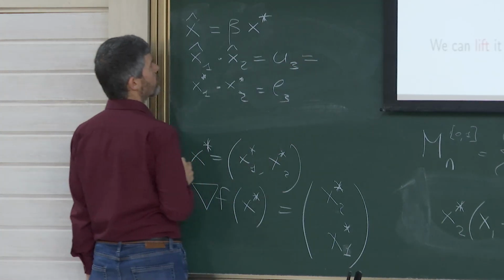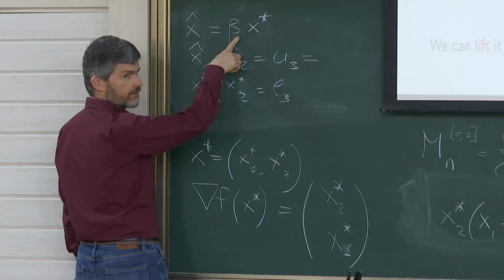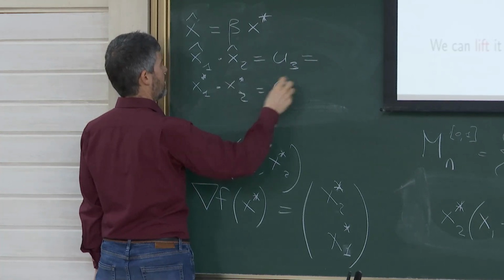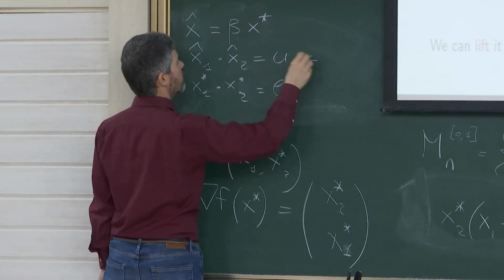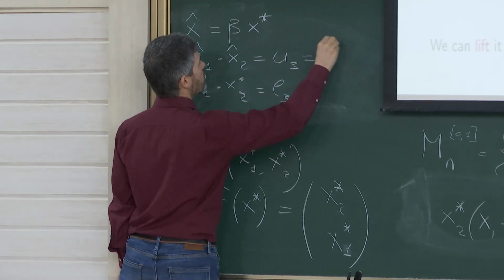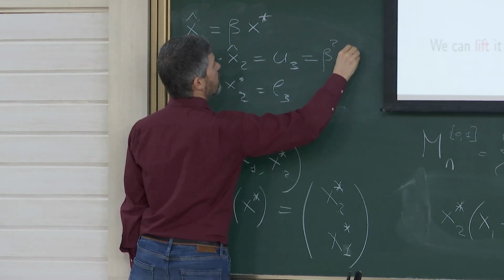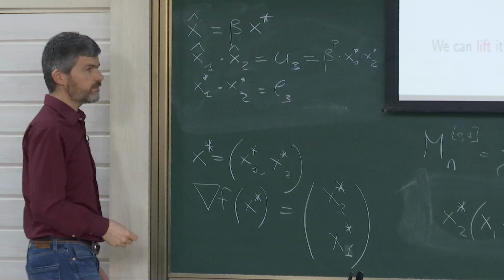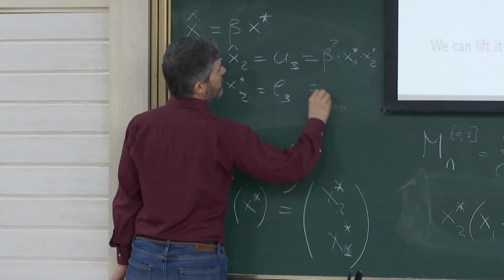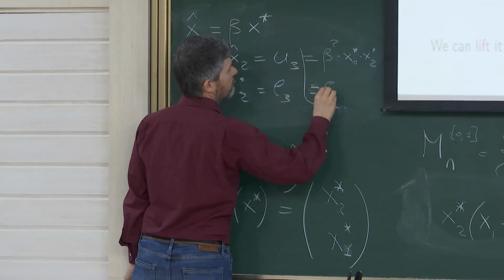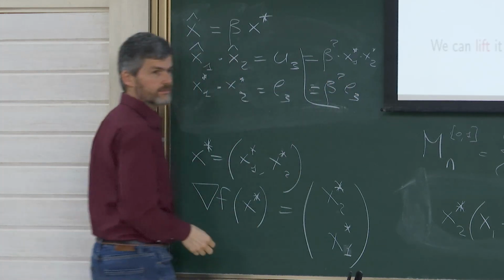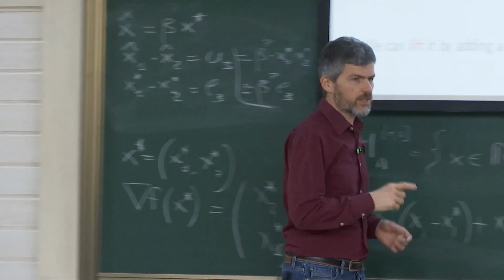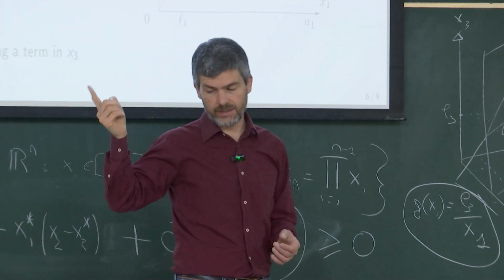This is also equal to beta squared, yes, so x hat is equal to U3, but it's also equal to beta squared times x star 1 times x star 2. What does that mean? It's equal to beta squared times L3. So you can figure out what the value of x hat is from x star.